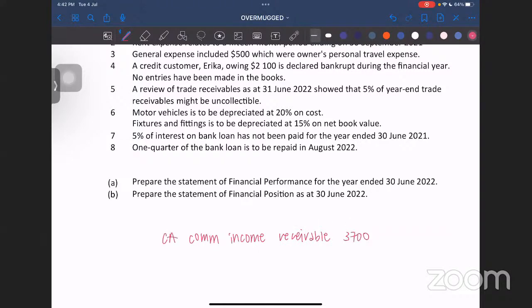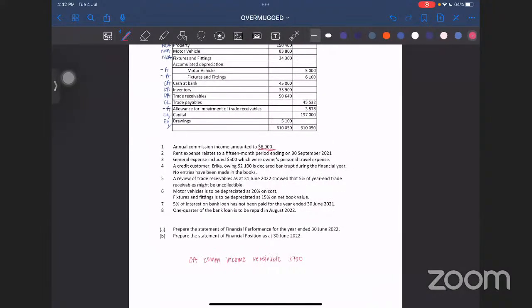I will label the item that I create as well. As you can see, this is my knowledge on chapters 6 and 7. If you don't know your chapters 6 and 7, please go and revisit them. I've made a class about it before. If you're unsure, go and watch that lesson. That's why you need to know. All this knowledge comes into play together. Income owing is an income receivable.